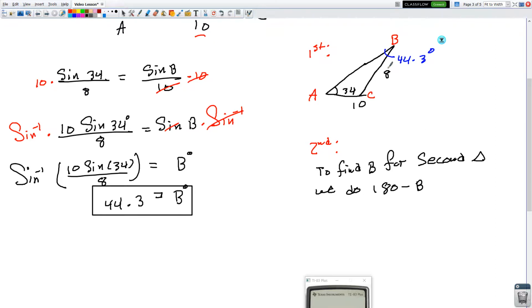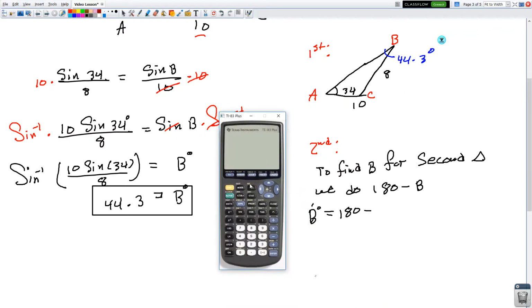So angle B, let's call this B prime. Angle B prime is going to be 180 minus whatever we got under our first triangle, which is going to be 44.